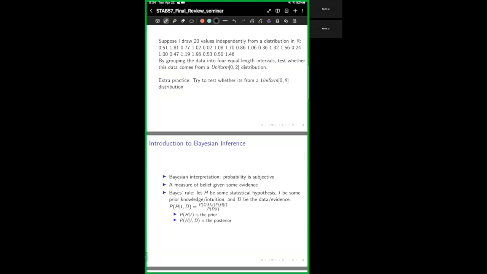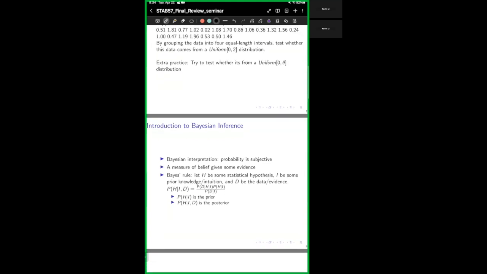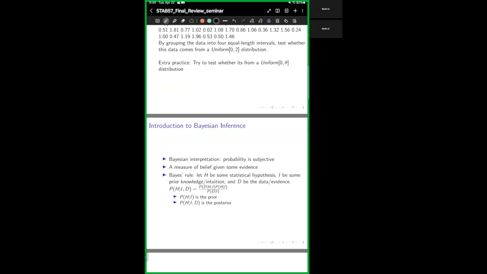To begin, a Bayesian interpretation of probability is that it is subjective and it is a measure of belief given evidence. Typically for the frequentist interpretation, we have our evidence and we have a model that doesn't really change.